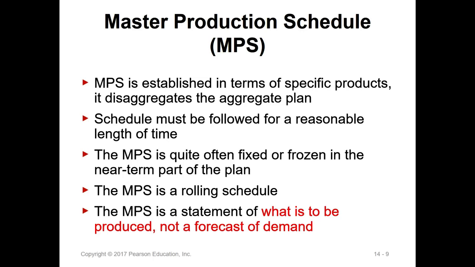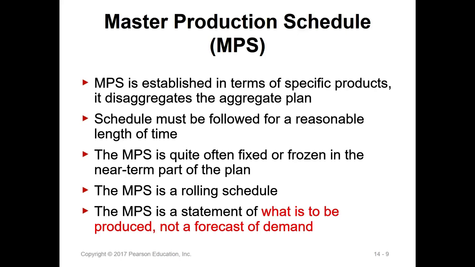In the next 14 days, nobody can change the production plan. If you want to make any change according to the customer's needs or some other market fluctuation, you can only change it 14 days later. So in the near 14 days, they cannot make any kind of change. This is called fixed or frozen time.